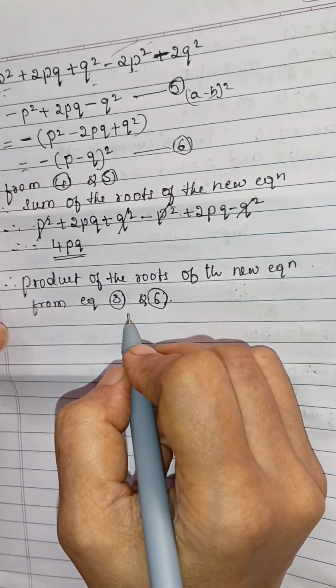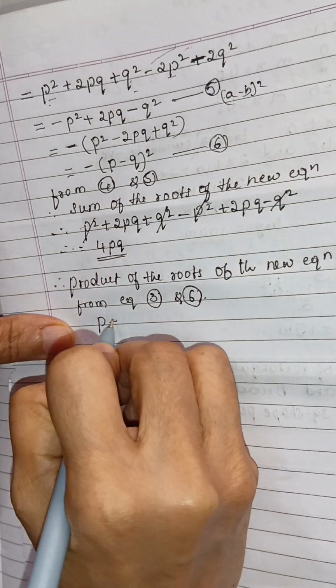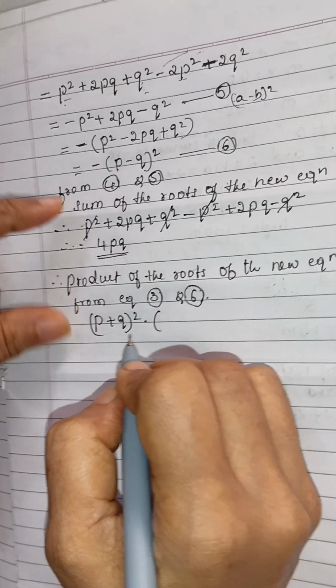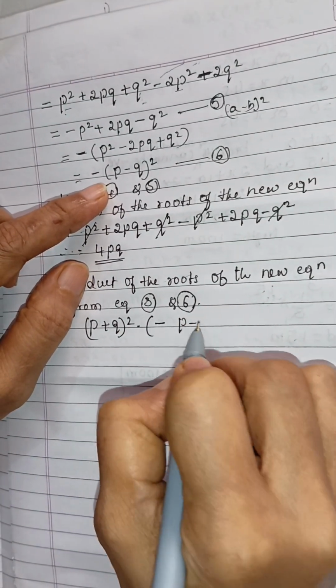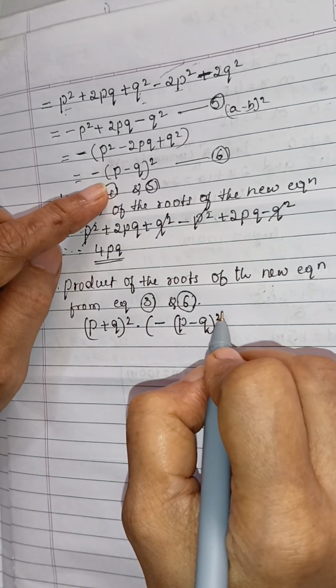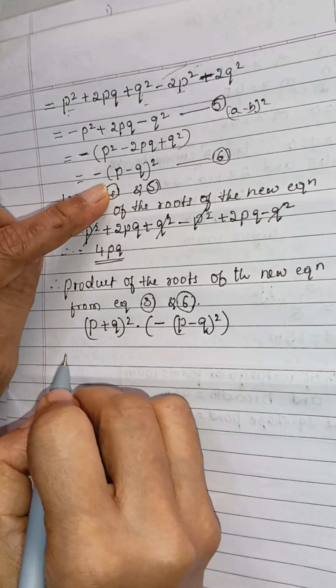The third one is p plus q whole square, into the sixth one, which is minus p minus q whole square.